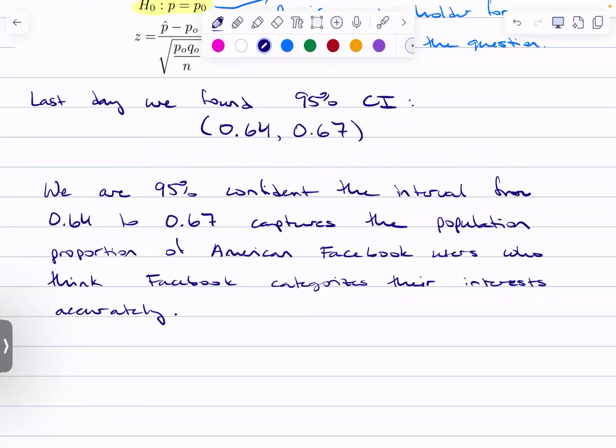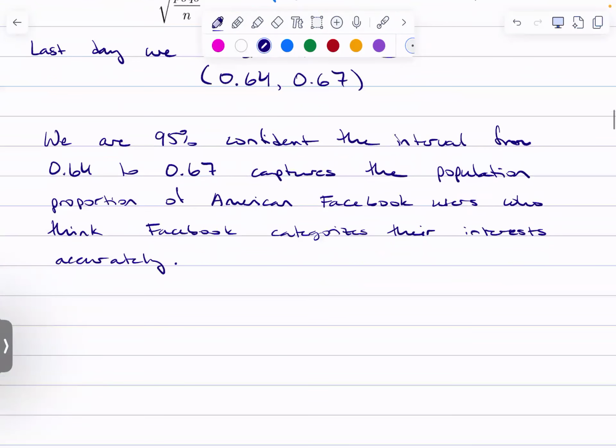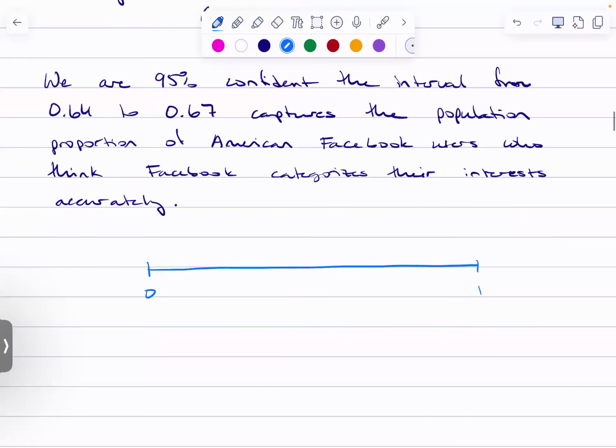If we're 95% confident that P is somewhere in this range, then what we can do is say, on a number line, which is always nice, P is between 0 and 1, always. And so 0.5 would be in the middle here.